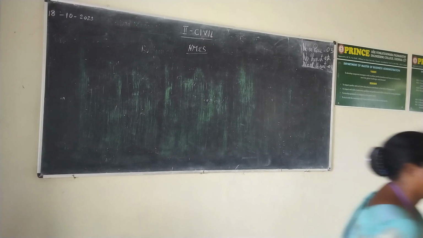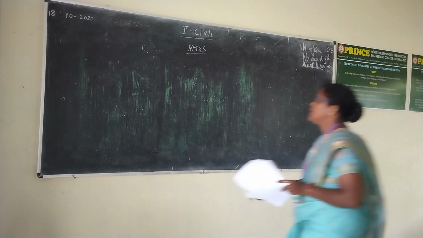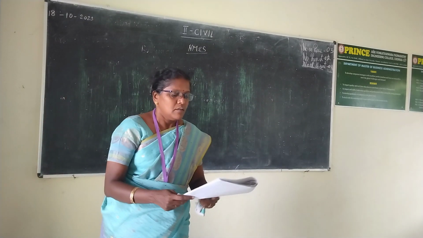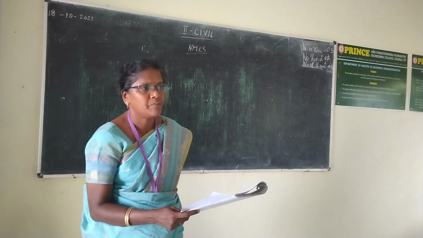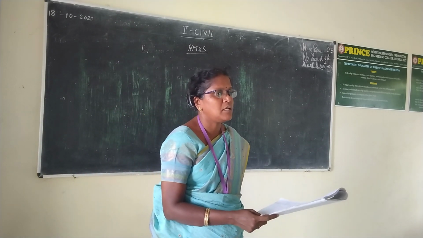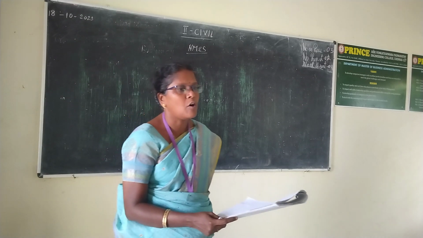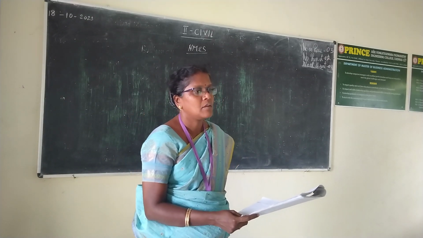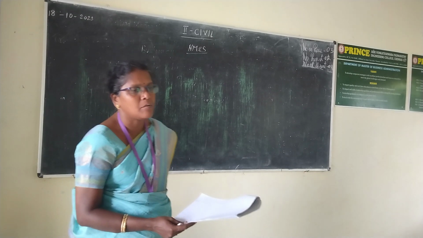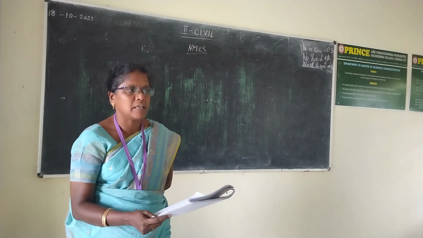The following data gives the velocity of a particle for 20 seconds at an interval of 5 seconds.